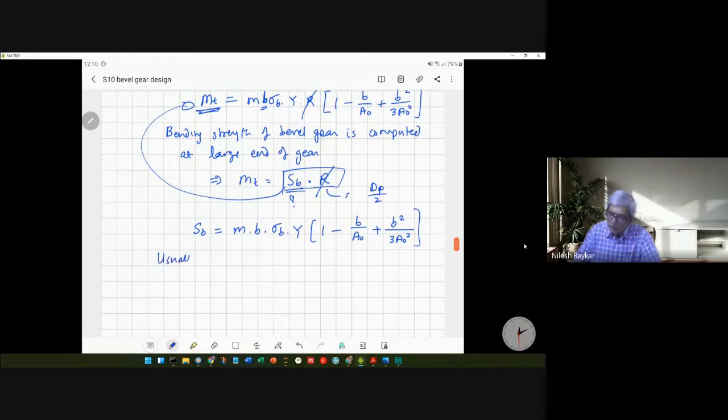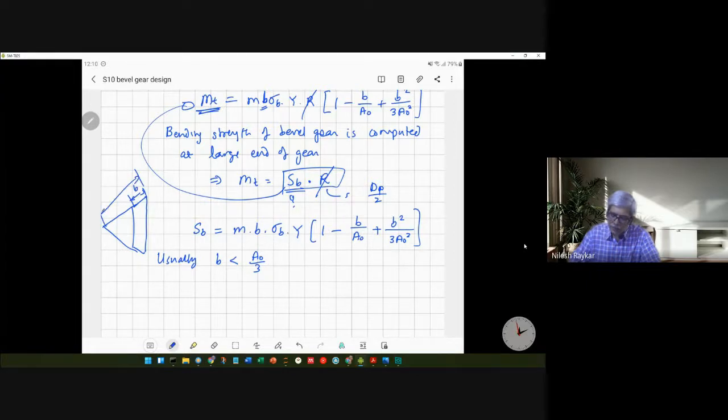Now, usually the face width of a bevel gear is taken to be smaller than a naught by 3. So a naught is the slant height; if this is your bevel gear, this is b, and this entire slant width is a naught.